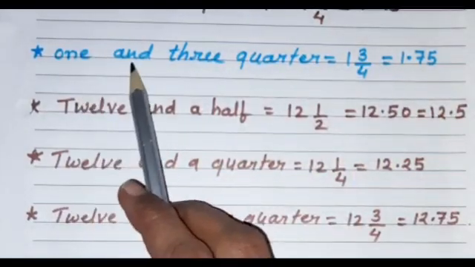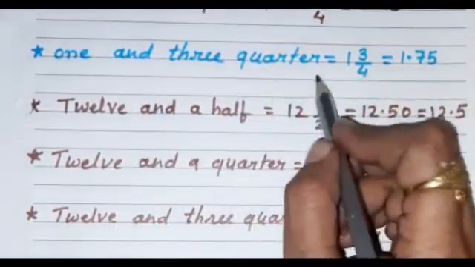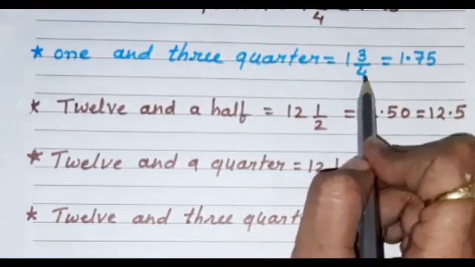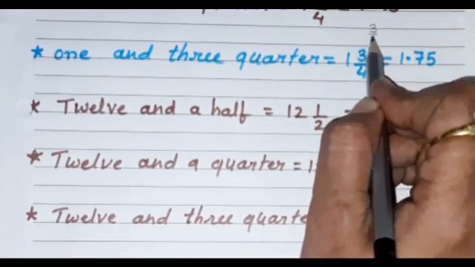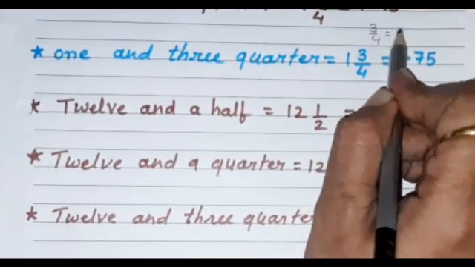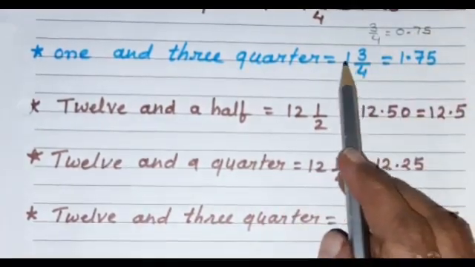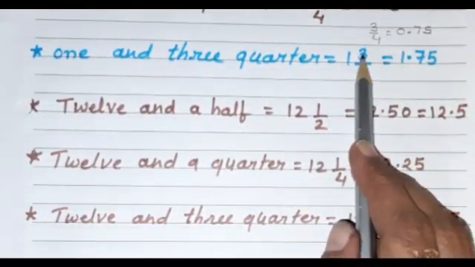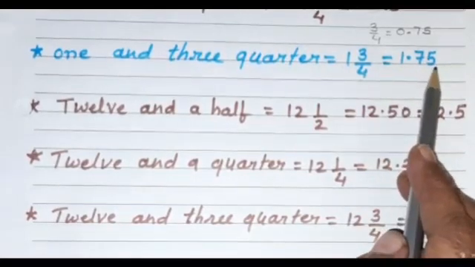Now next one, 1 and 3 quarters. In fraction, 1 and 3 upon 4. Now 3 upon 4 in decimal is 0.75. So 1 and 3 upon 4 is 1 as it is, and 3 upon 4 in decimal is 0.75.